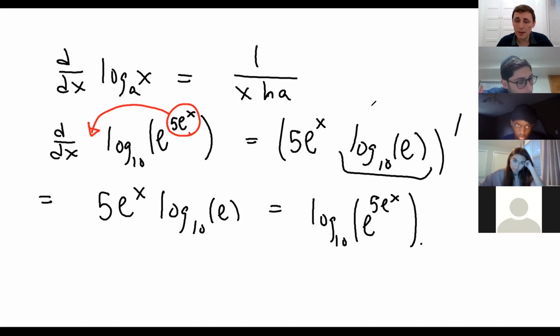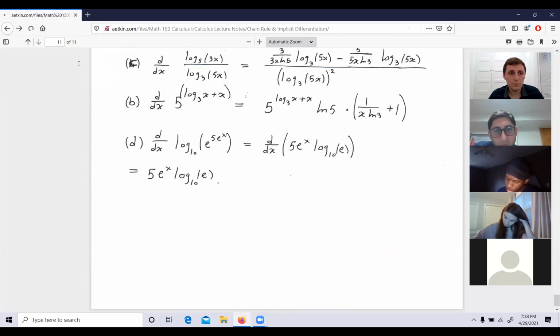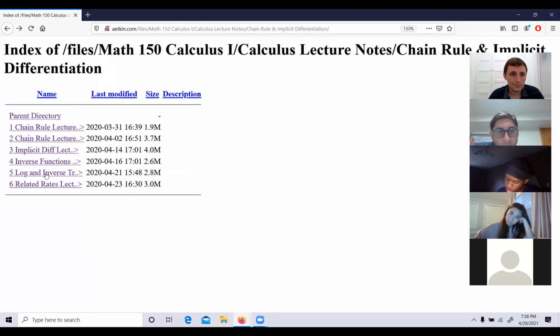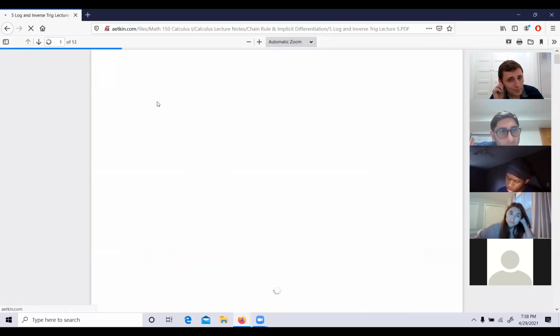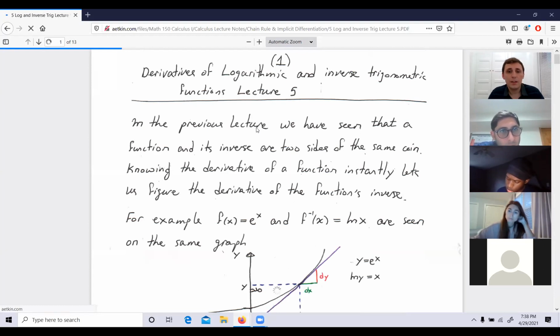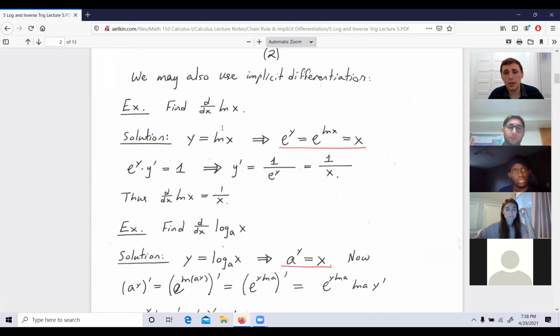Yes, the derivative of this function is the function itself. Here is again that thing that we calculated: the derivative of e to the x is what it is.